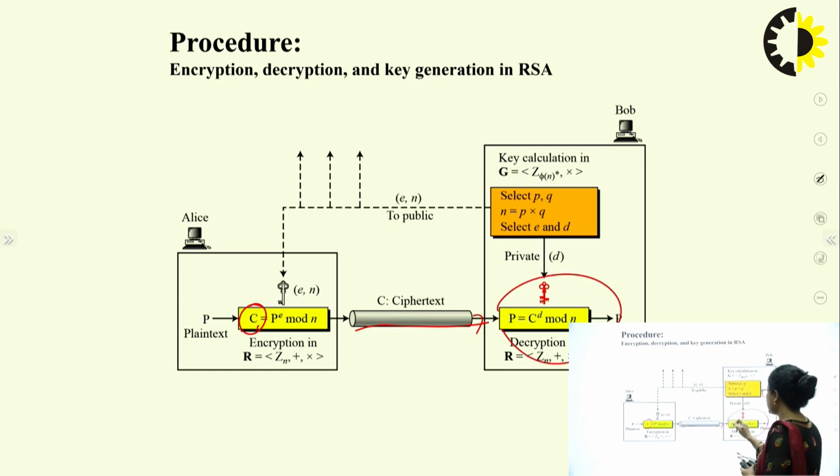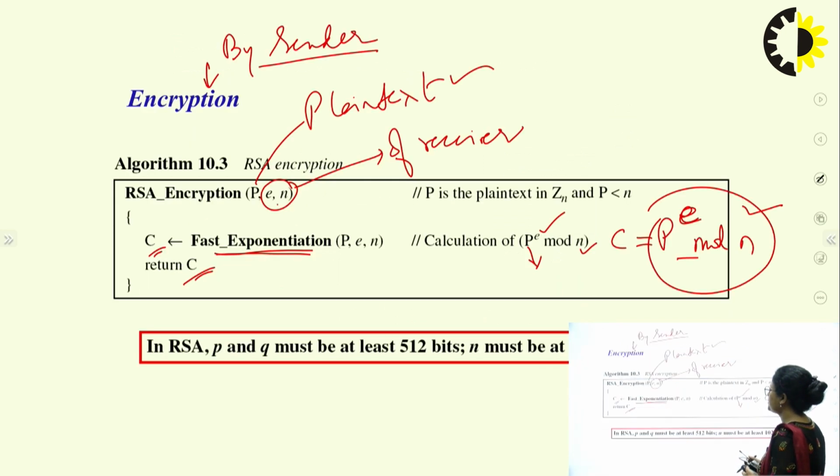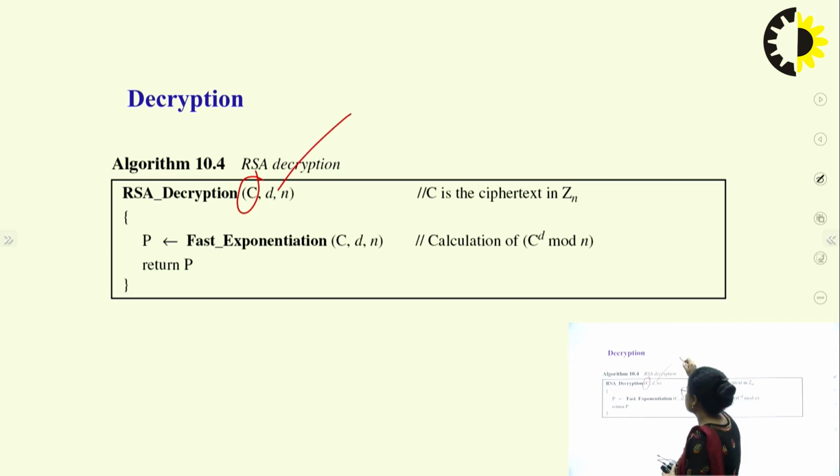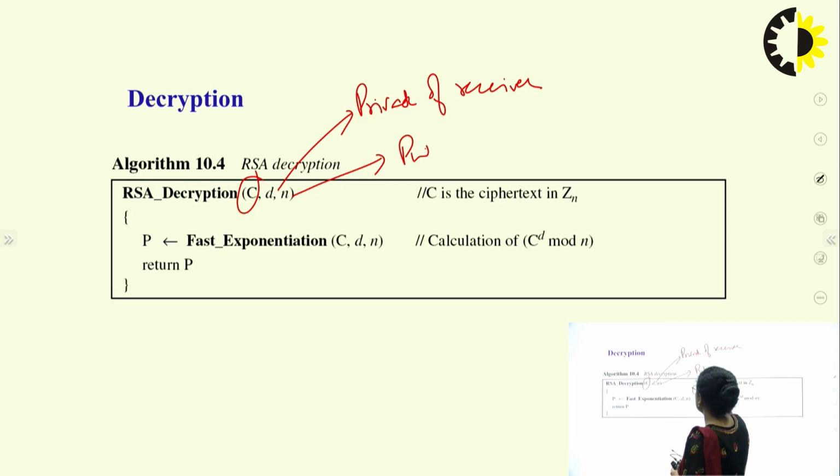At the receiver's end, this C will be used for decryption. If you remember, at the receiver's end, the private key is used. So D is the private key of the receiver, and N is known to all. Fine.